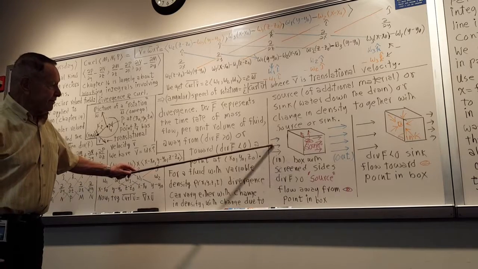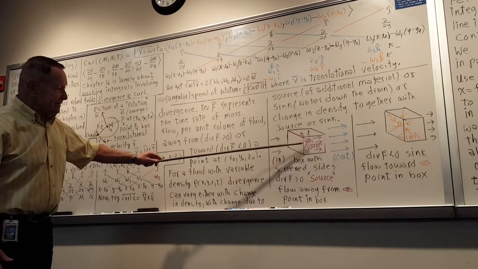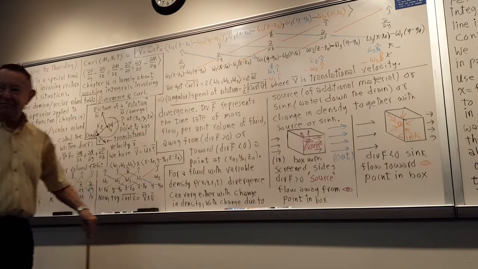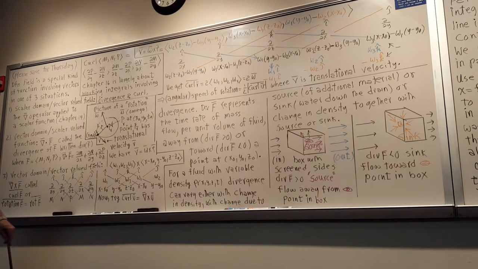Notice that if you're thinking of water, then this analogy with faucet and drain works pretty well, but if you're thinking of a gas, it's more complicated because you can be compressing the fluid or you can be expanding it.